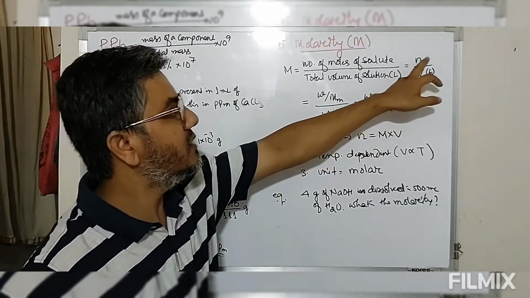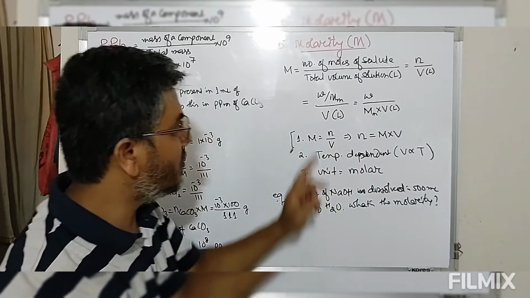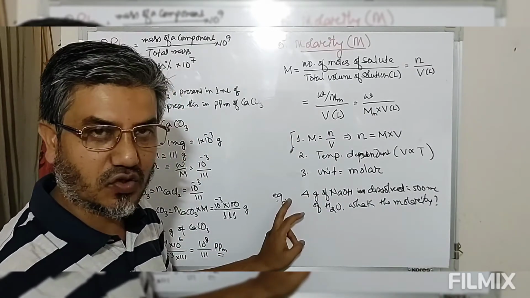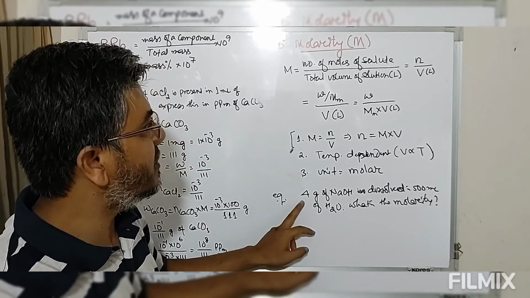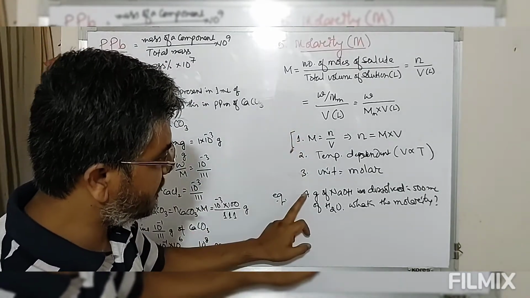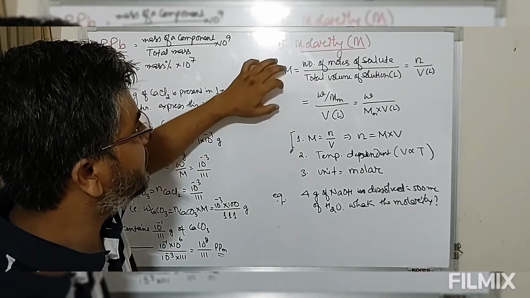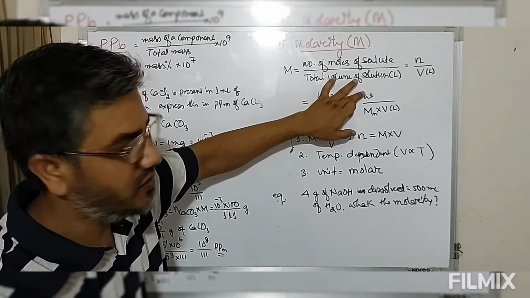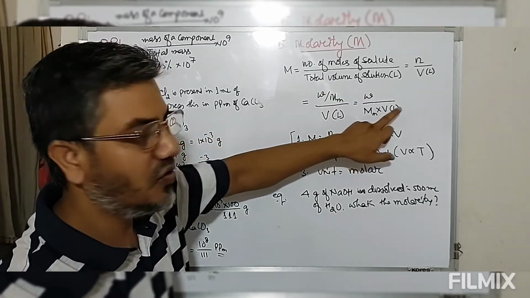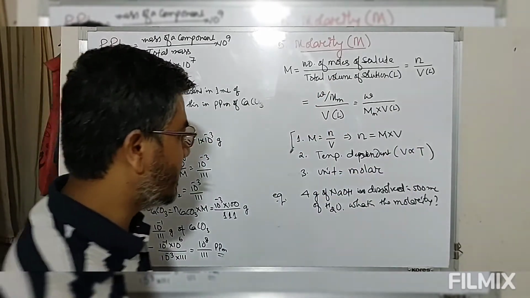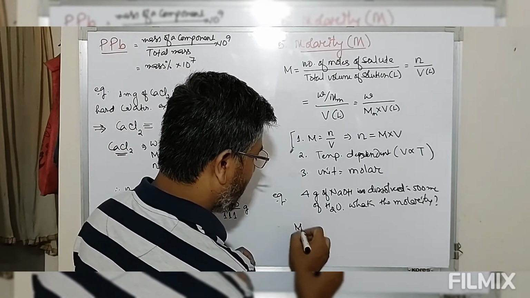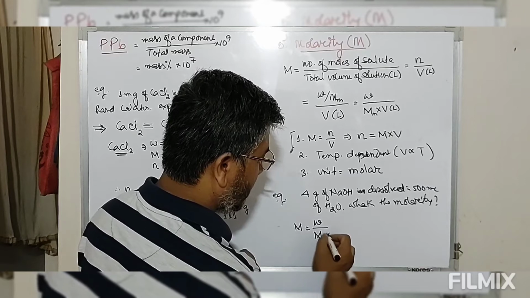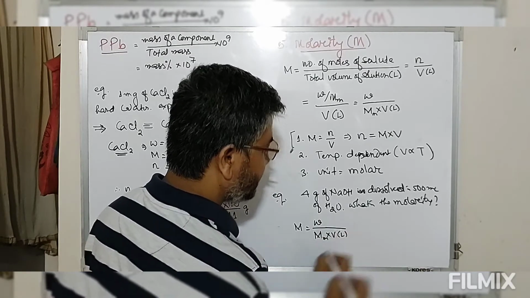Now, instead of the number of moles, the question says we have 4 gram of sodium hydroxide dissolved. So this is expressed in terms of gram, and we have to use this relationship: molarity is equal to mass of the solute divided by molar mass into volume in liters.